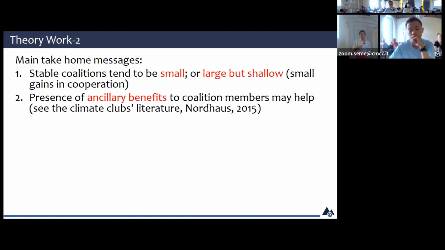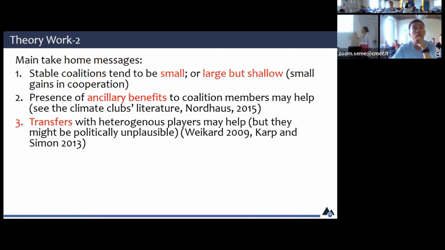You could think of storing among members of the coalition. You could think of keeping the fossil fuel on the ground and punishing the others with higher prices of fossil fuel, which will then lead to lower emissions. So you could think of various interesting ideas within the coalition.